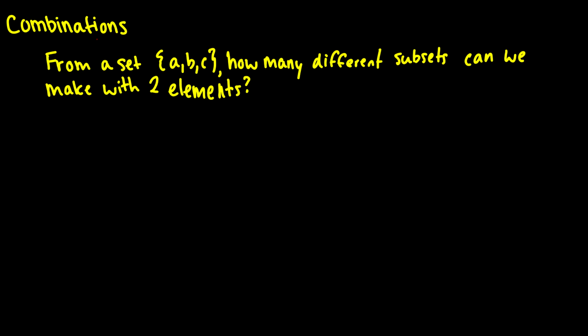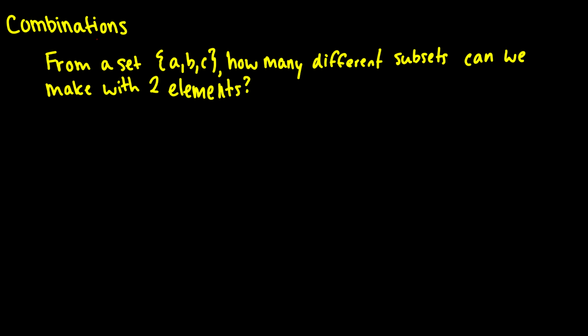So when you say how many ways, or in this case, how many different subsets can we make from a set ABC with just two elements, it's a little bit different because it's not the case that we have 3 ways to pick the first one and 2 ways to pick the second one. Because if the order is switched, it doesn't necessarily make a difference.